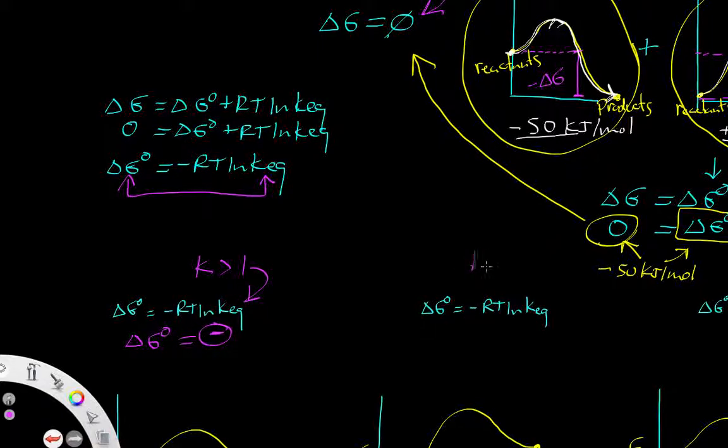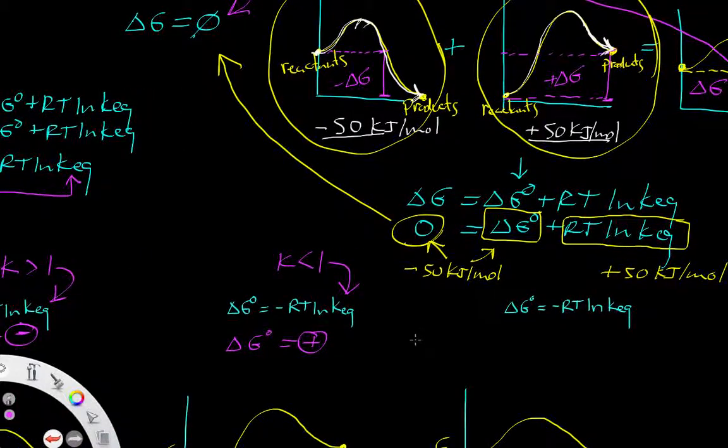And over here, if I have a K value that is less than 1, I plug it into KEQ. Well, now I'm going to have a delta G standard that is going to be positive. Over here, if I have a K value that is equal to 1, and I plug it into my KEQ, now I will have a delta G standard value that is equal to 0.